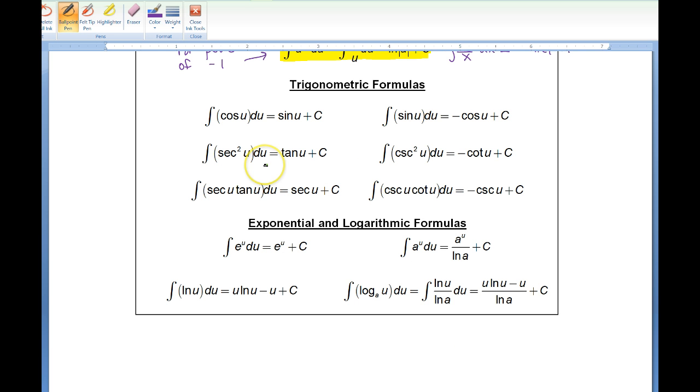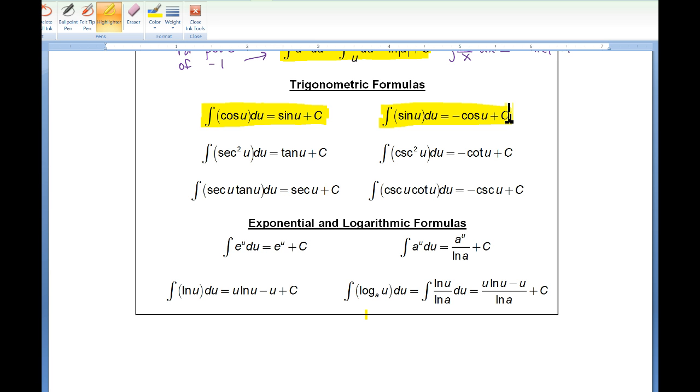Okay, your trig formulas. You need to know basically the ones you're going to see the most often. You'll see cosine. Think about what's the derivative of sine? It's cosine, so the antiderivative for cosine is sine. Think that whatever the derivative of this is should give us the integrand.